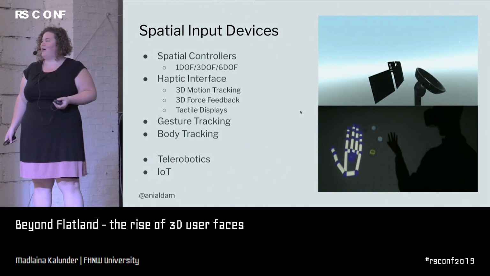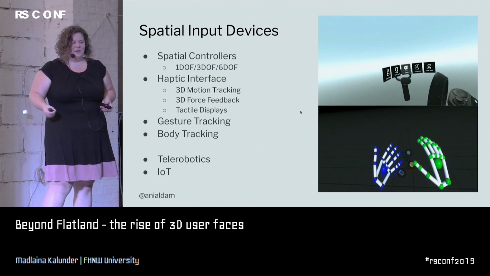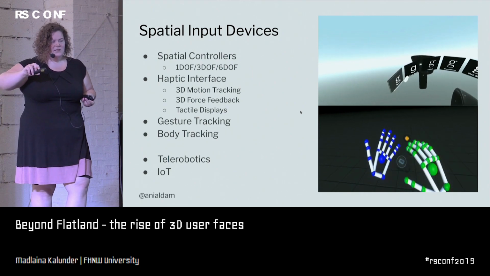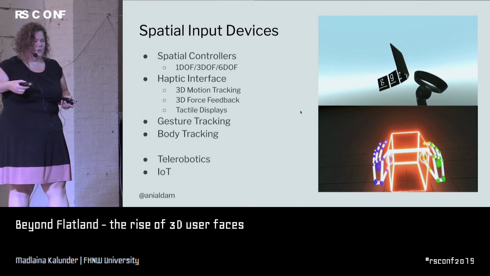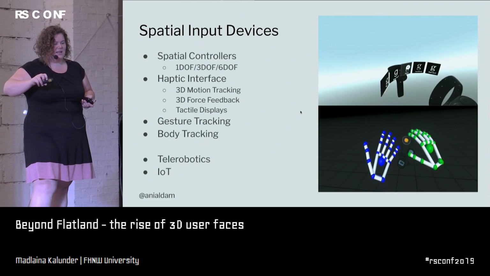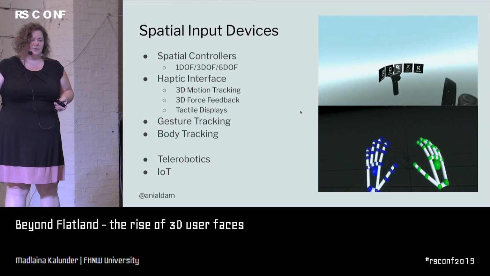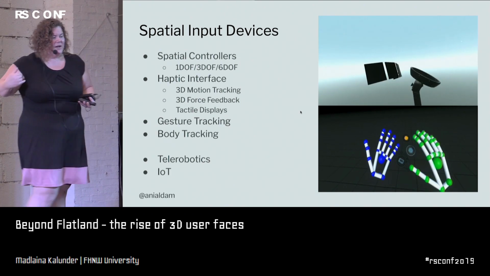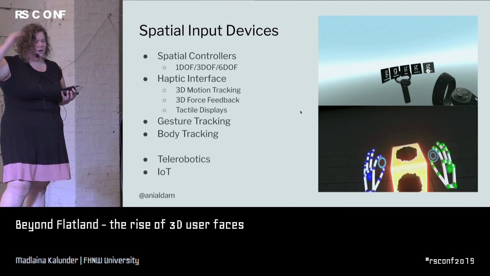We have a lot of variety in there. We have different degrees of freedom. That means in what degrees can you move the controller, and how does it actually track you? So the highest one is 6 degrees of freedom, which means I can walk back and forth, sideways, I can go up and down.